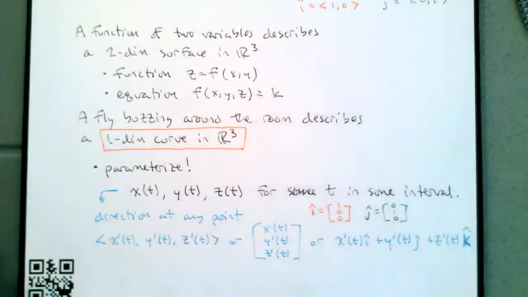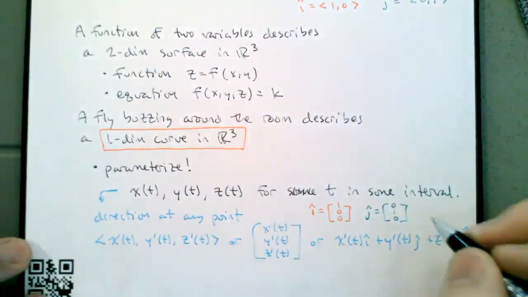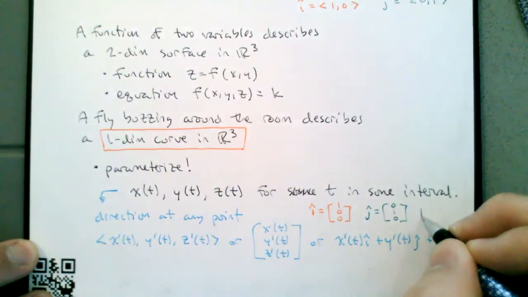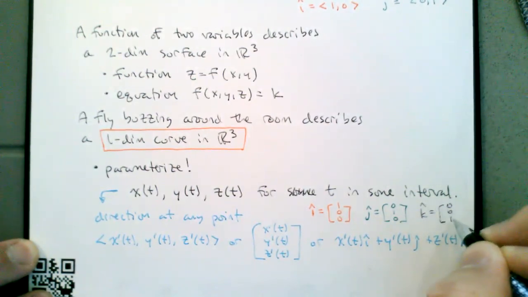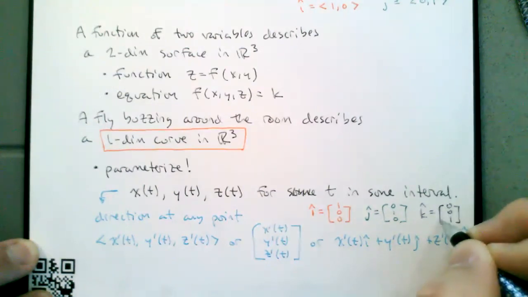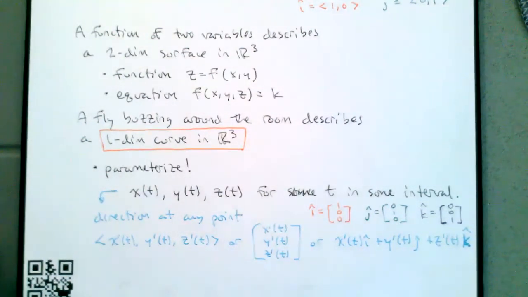And k hat will be 0, 0, 1. We'll use a nice standard basis for R3 because it's easiest to work with in most situations. That's why it's the standard. Questions?